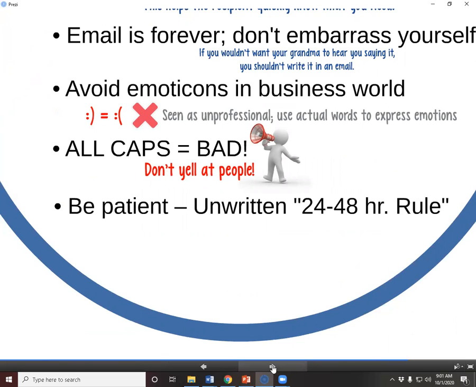And be patient. I had a student this past weekend who emailed me on Friday at 5 p.m., then emailed me on Saturday at 11 a.m., then Saturday again at 7 p.m., then Sunday at 2 p.m., then Sunday at 11 p.m. to ask me why I had not updated his grades yet.